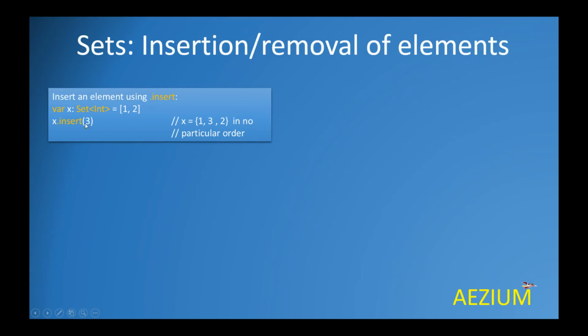For instance, if instead of 3 here we wanted to insert a 2, x would be left as it is, because we are not allowed to have repeated values in a set. So as a result of that operation, we only would see one of the 2's, and the original set would not be changed.